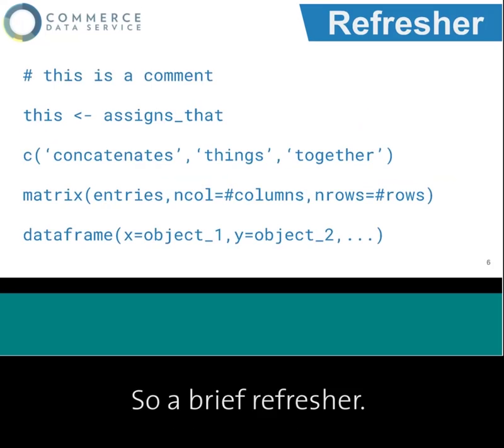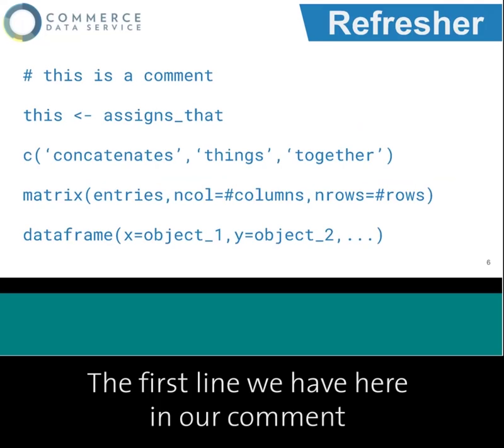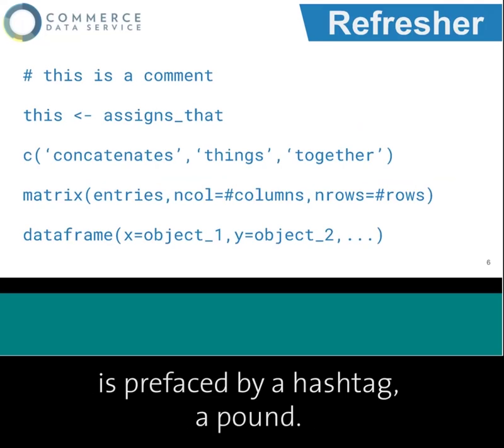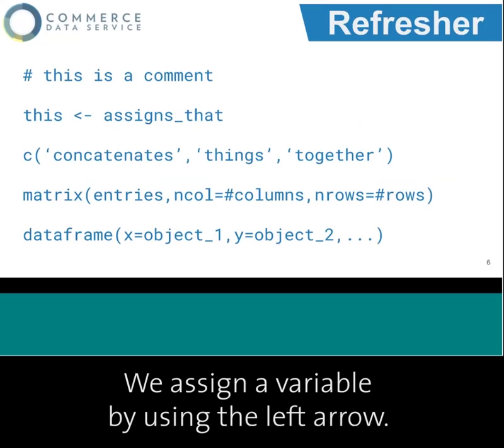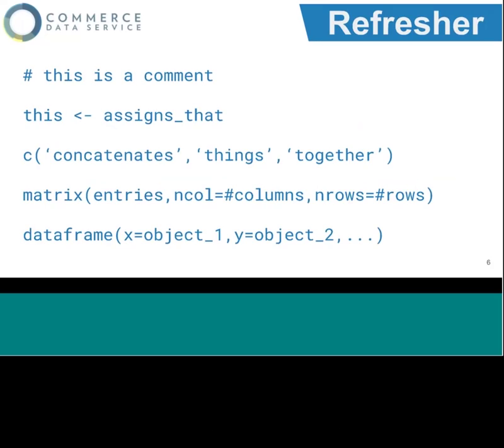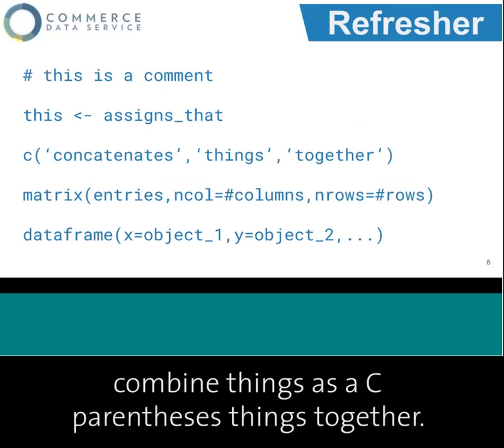So a brief refresher. In R, a comment is prefaced by a hashtag, a pound. We assign a variable by using the left arrow. We can concatenate, combine things, as c parentheses, things together.